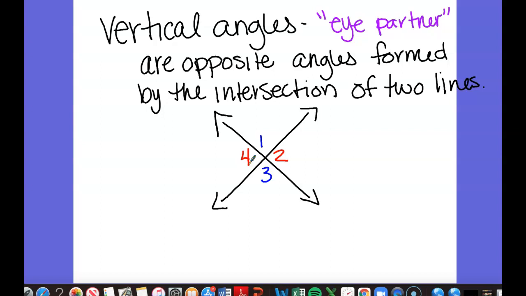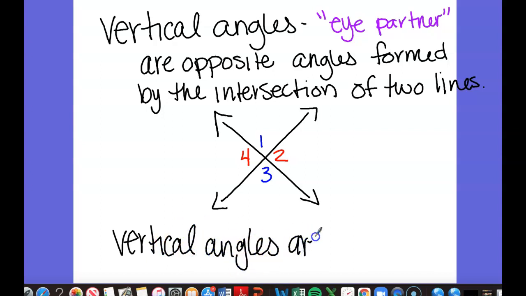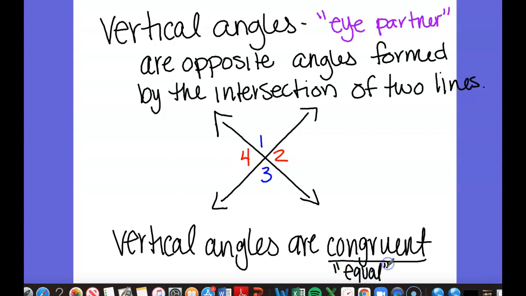Vertical angles have a special relationship because they are congruent. Now, what does congruent mean? Congruent means equal. So angle 1 and angle 3 are equal to each other, and angle 2 and angle 4 are equal to each other.